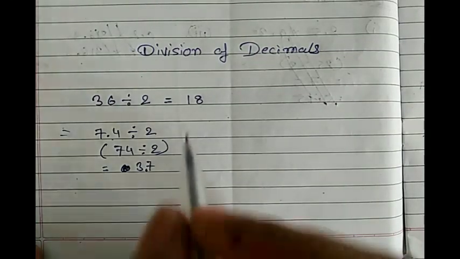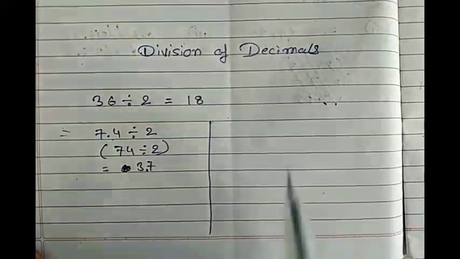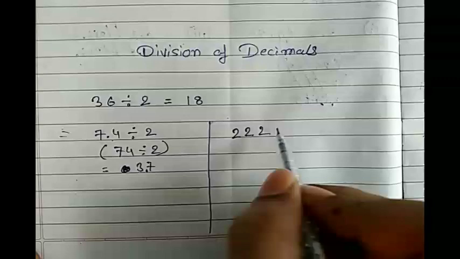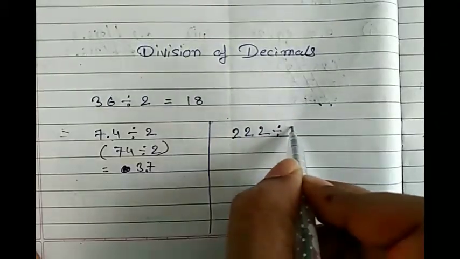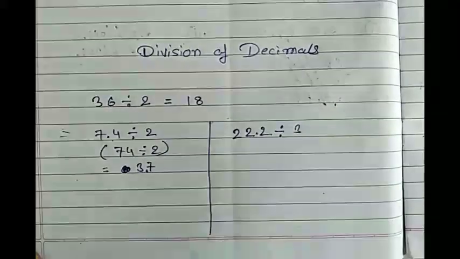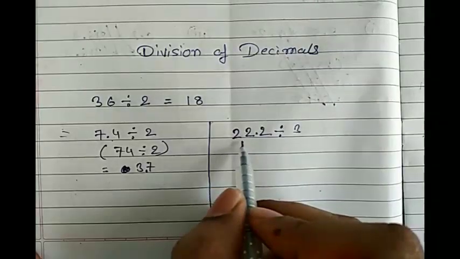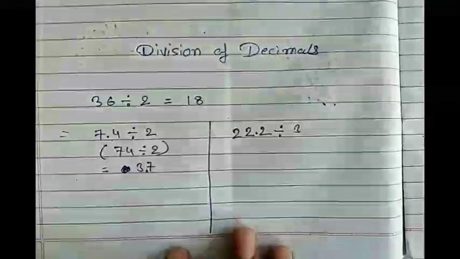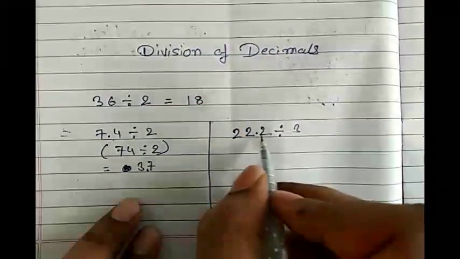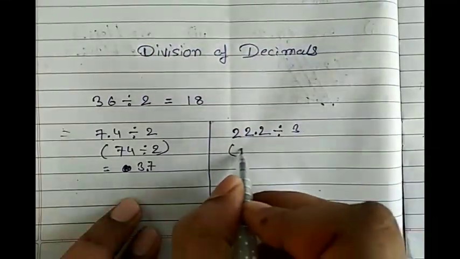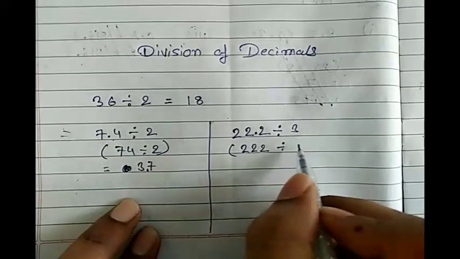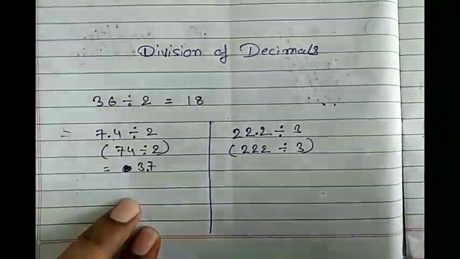Some more examples. 22.2 divided by 3. So for that, first ignore the decimal and write the number without the decimal, 222 divided by 3.